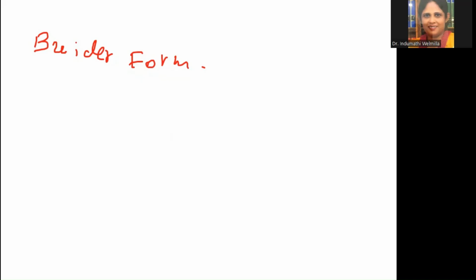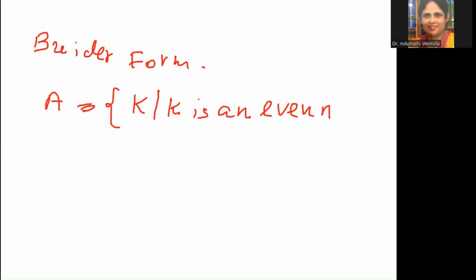For example, set A equals, we can write K, where K is an even number, and then in brackets, K is less than or equal to 20.